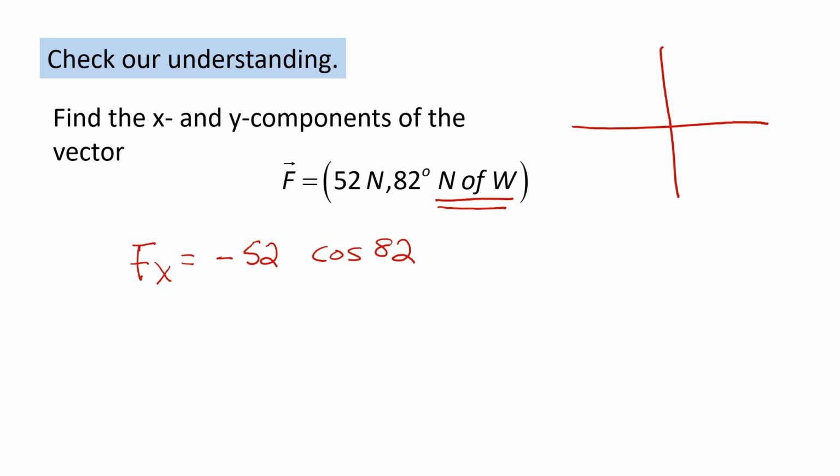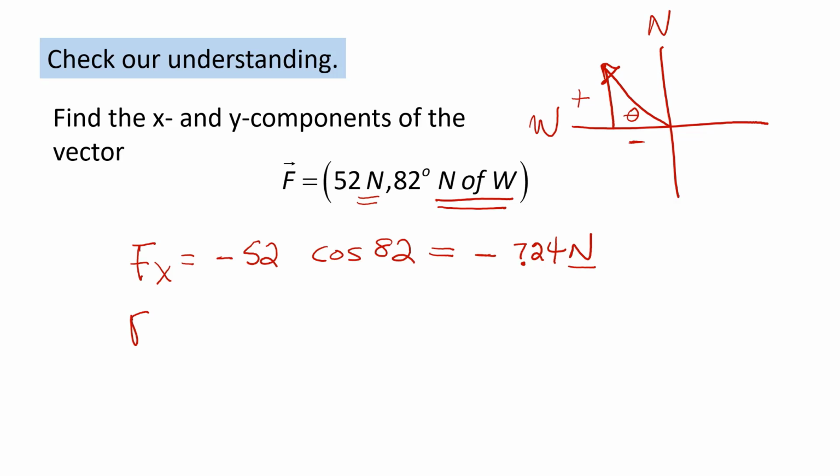So we're in the northwest quadrant. Here's north, here's west, here's our vector, and the associated triangle with it. I know that the x component is negative, the y component is positive. If I'm using a reference angle, I have to supply those plus and minus signs. So negative 7.24 newtons, same unit as the original vector.